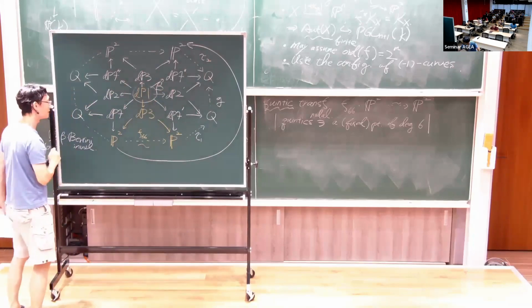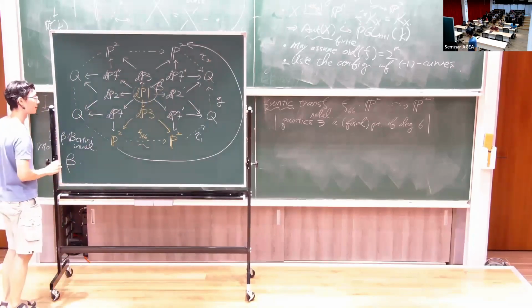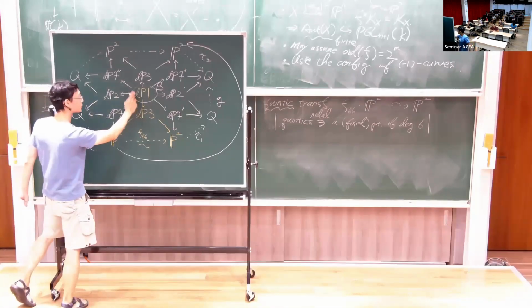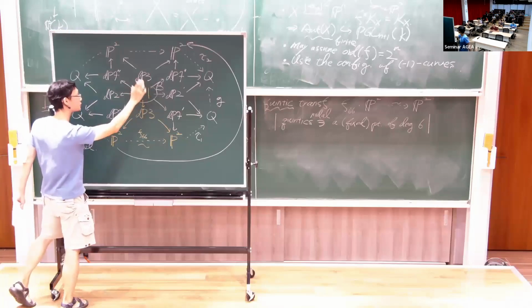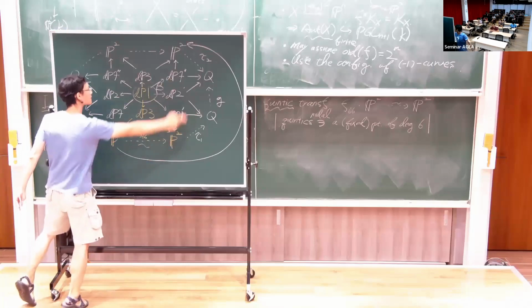I'll be using a slightly loose notation: when I say beta here, I mean some involution here. Actually you can conjugate it down to a map on P2, and it maps things this way.